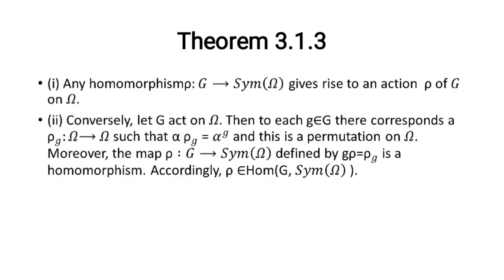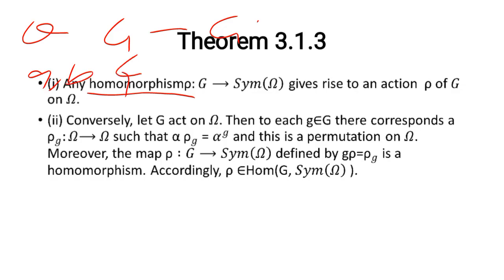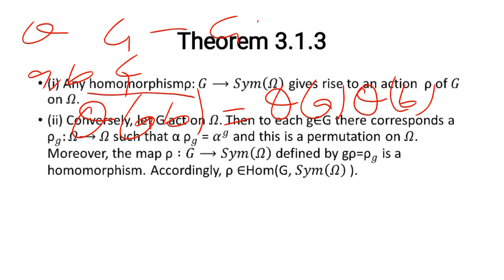Now, Theorem 3.1.3 states that any homomorphism, and now you know what a homomorphism is, right? We say if you have theta that maps G into G prime, and you take a, b in G, then theta of ab will be the same as theta of a times theta of b. That's a homomorphism.